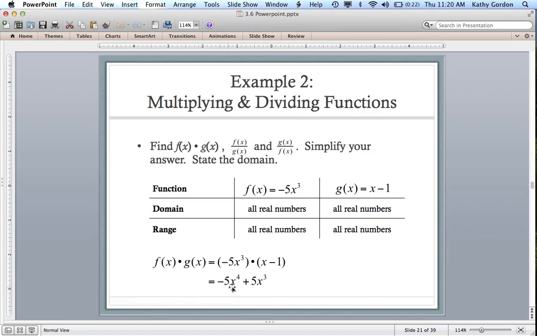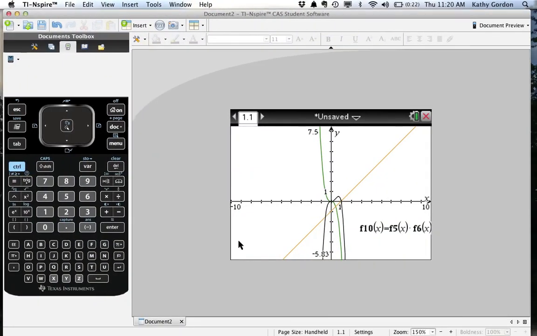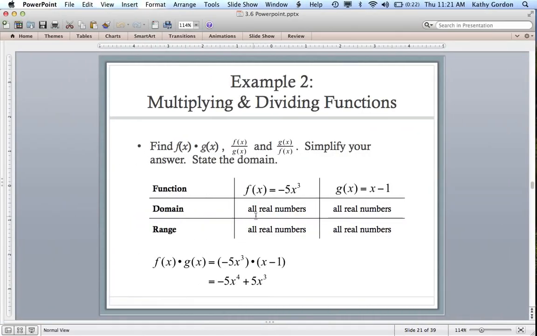This is the function, the equation for this graph in the black right here. Okay, and to tell the domain, we again compare the domains of the functions we're using, and since both of them are all real numbers, we're going to get a domain of all real numbers for our result, for our product.